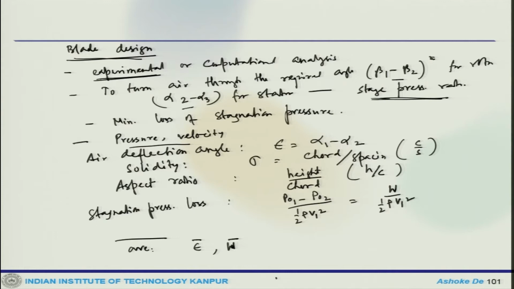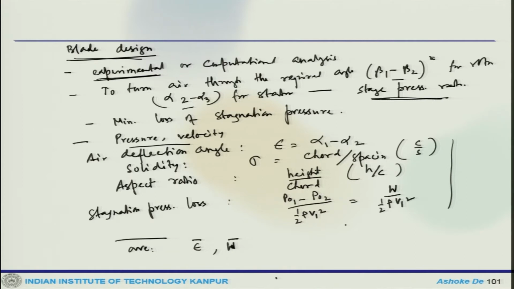Now, the deflection angles once you get, then all these measurements are put together collectively, and then through some data or curve fitting procedure, the deviation angle can be obtained.